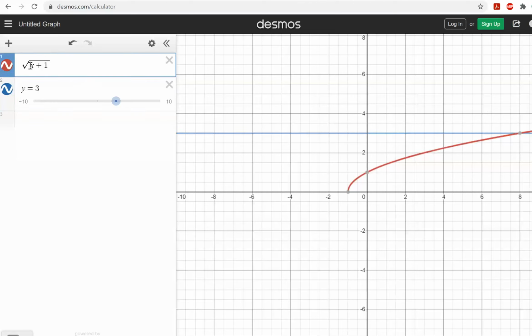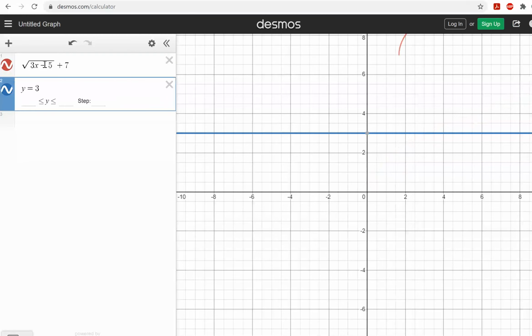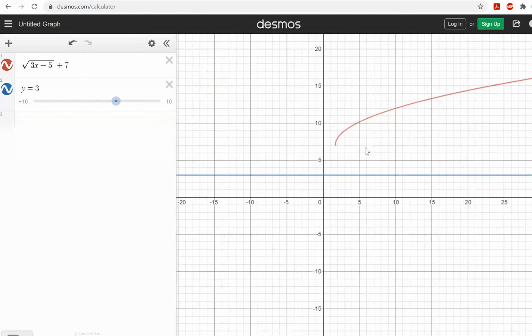So our second example, that square root of 3x minus 5, and then with a plus 7 on the outside, and then I'm comparing that to y equals 3, and what we can see here is those are not going to intersect with each other. Y equals 3 is way down here, and my radical function is way up here, and it's not going to move any further than that.